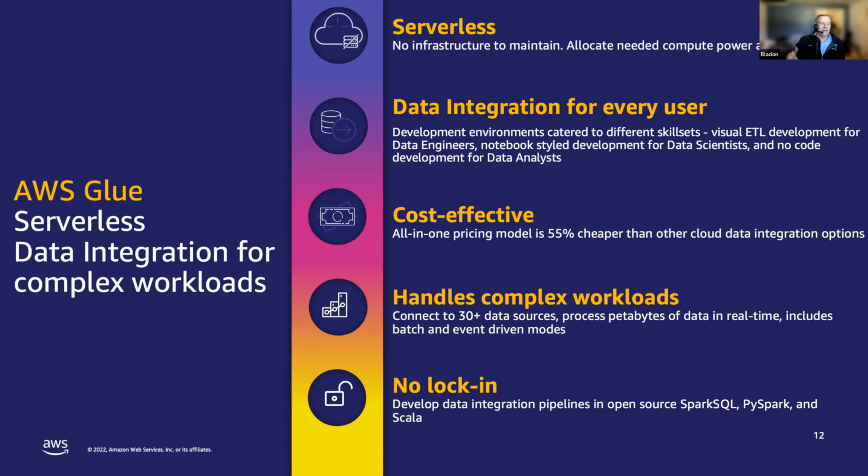And it has the benefit of being based on open source tooling like Spark and Python, to buffer you from vendor lock-in around AWS. So the code that you develop in it, since it's basically Apache Spark code, will run on any Apache Spark platform.